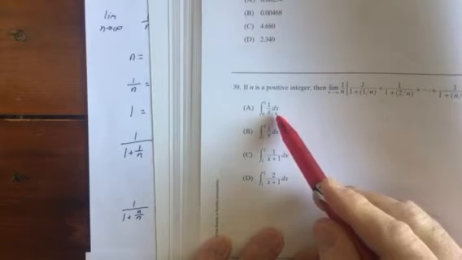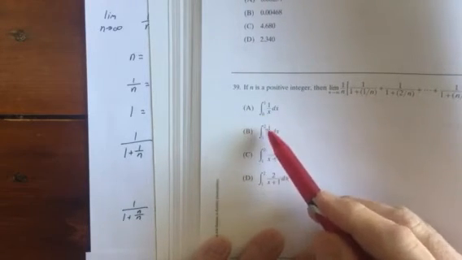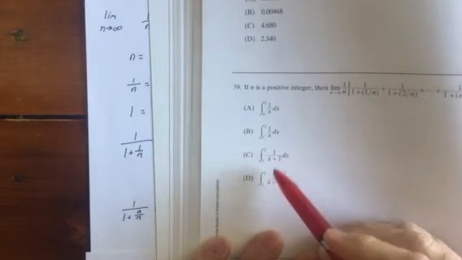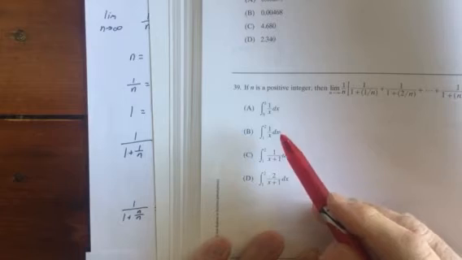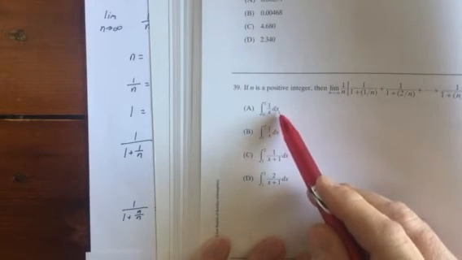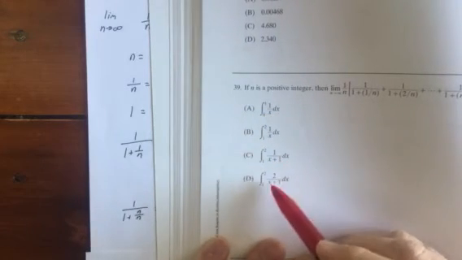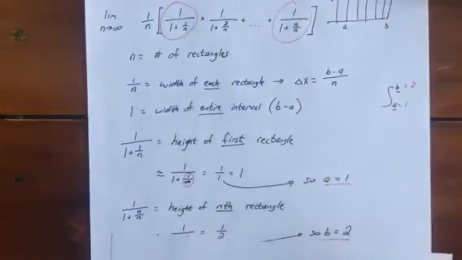If you notice here that A and B are identical, except for one feature right here, and then B is identical to C and D in terms of its limits, but with different integrands, that really suggests that the one in the middle right here that has something in common with A, but something else different, and then something in common with C and D, but something else different, is probably the right answer. I probably shouldn't think too much about that, but let's keep that in mind. So it looks like right now we're at an integral then from 1 to 2.